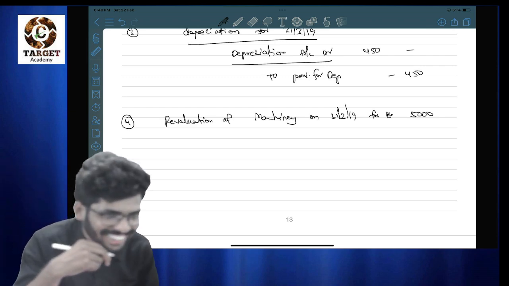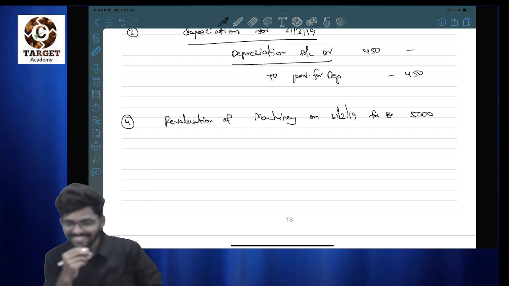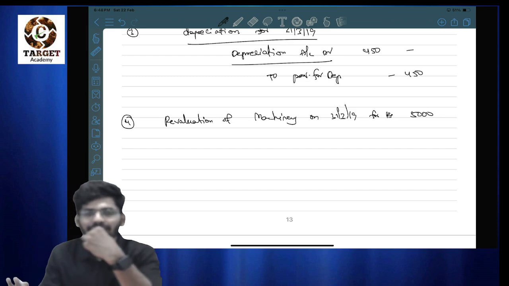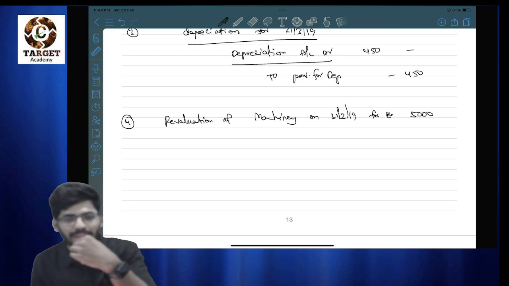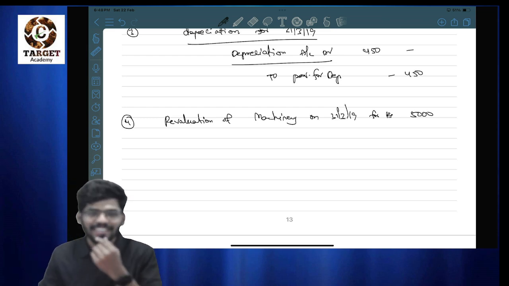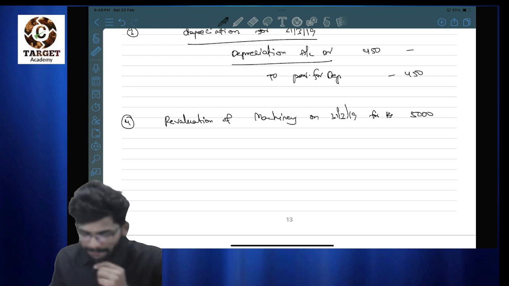Wrong answer. What is the general entry? Generally, asset to revaluation surplus. No, that is not the correct entry. I mean the amount. I'm talking about the amount.